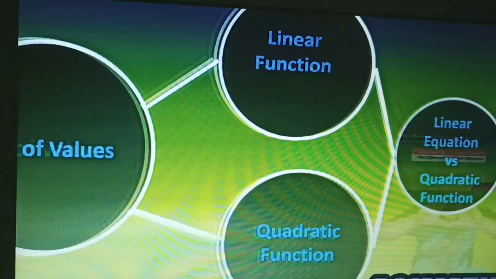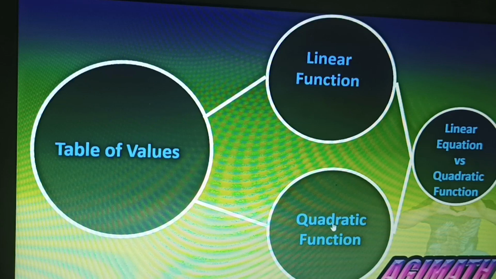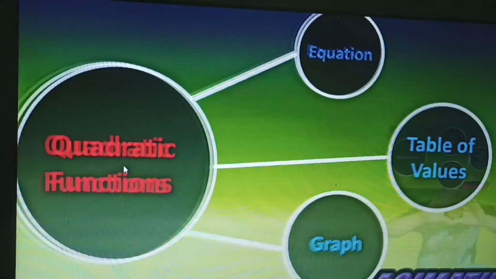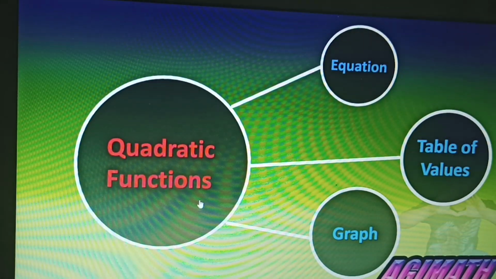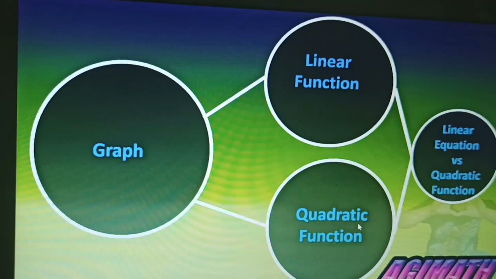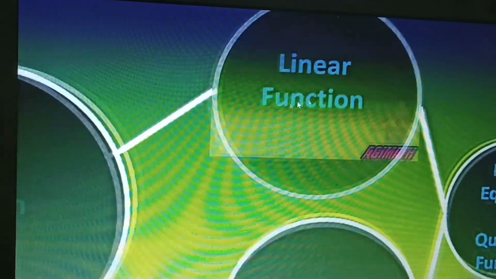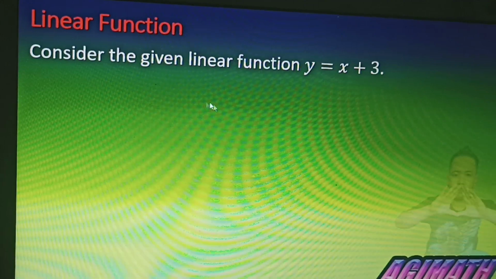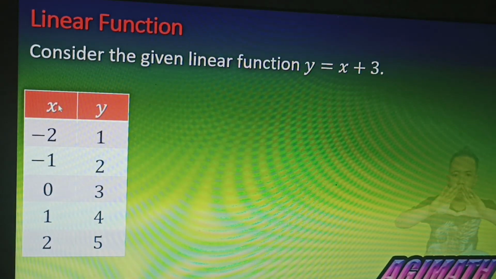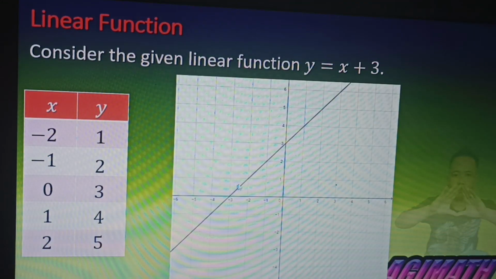Okay, next, we are on the last part, representing quadratic function by a graph. To recall the graph of a linear function, let me show it to you. Consider the same function y equals x plus 3, with the following table of values. If I graph that, it will look like this.